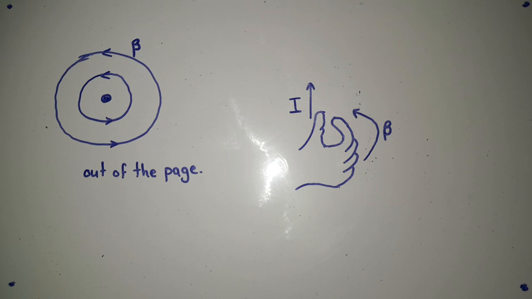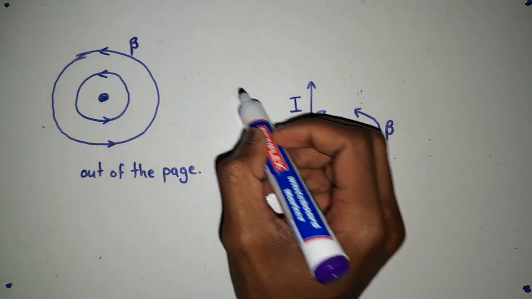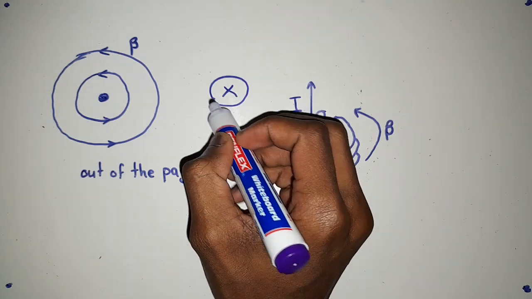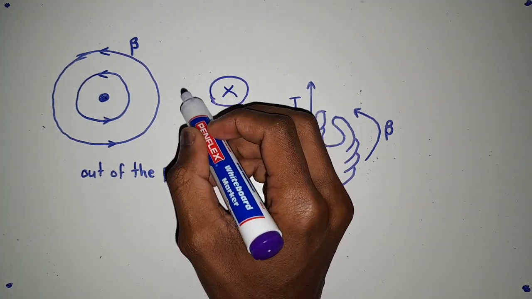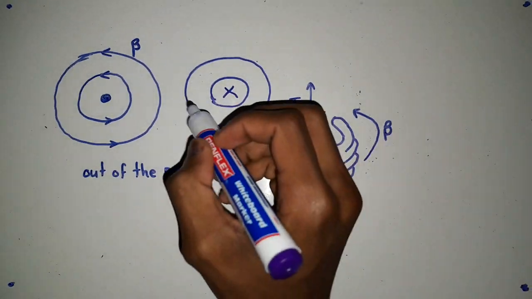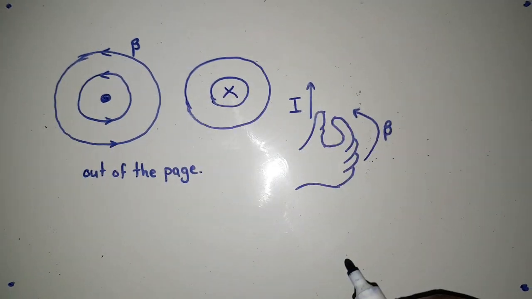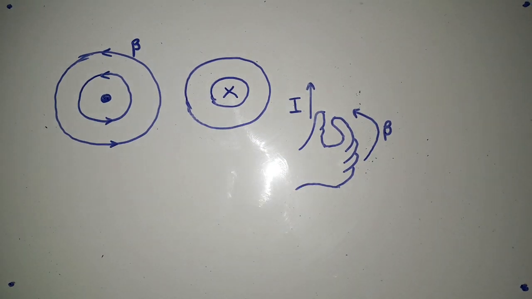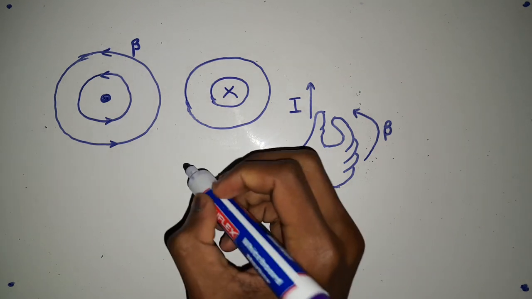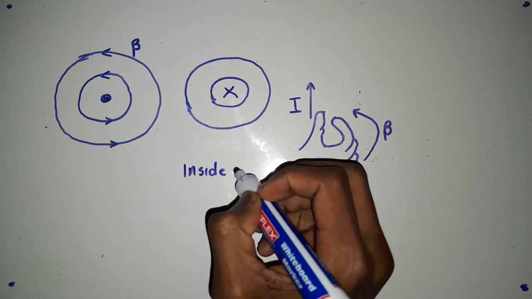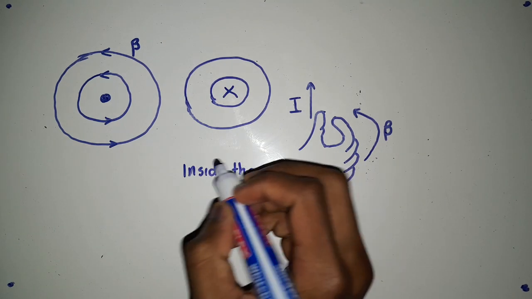Do you understand? Now what is going to happen if I give you the situation like this? Let us determine the direction of the magnetic field. Now the current is moving towards or inside the page.